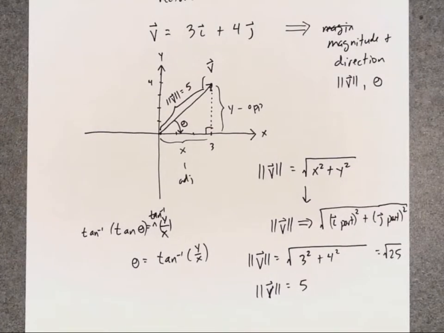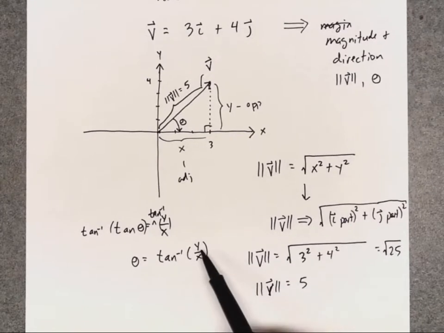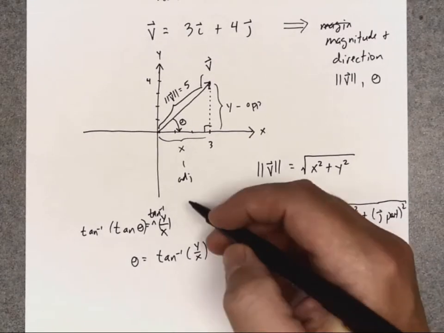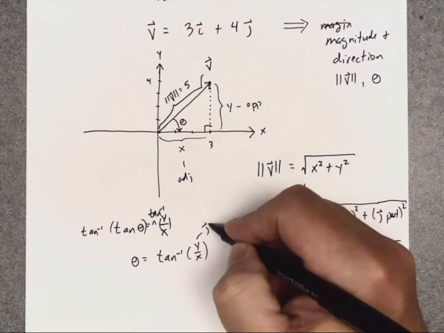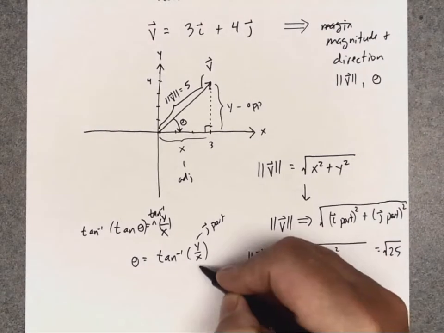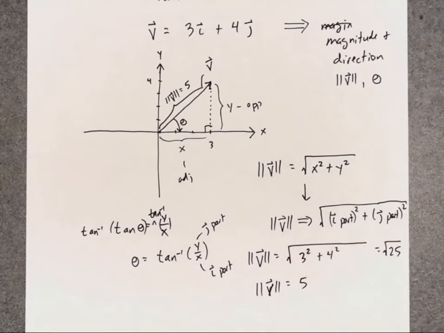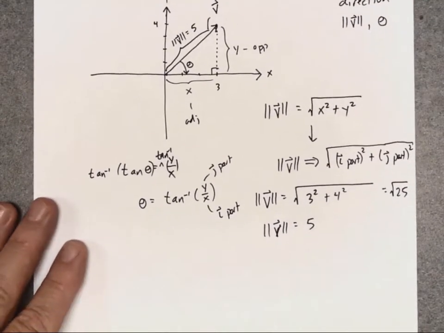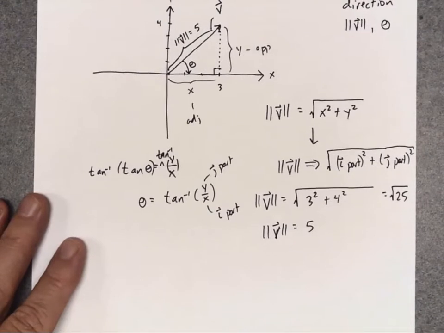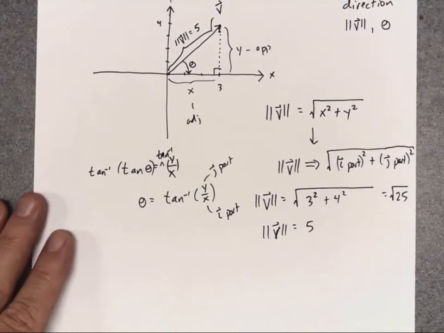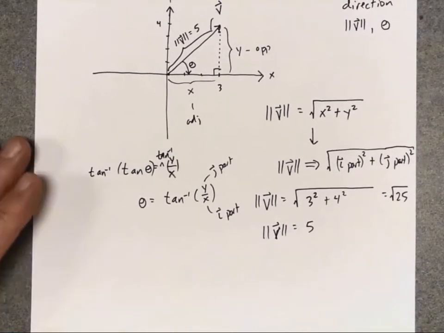If we want to find the angle, the direction of that vector, we simply take y over x. And once again, the y is like the j part, and the x will be like the i part. So in your mind, you really got to realize that when you see a vector written as an i and j, it's really x and y.